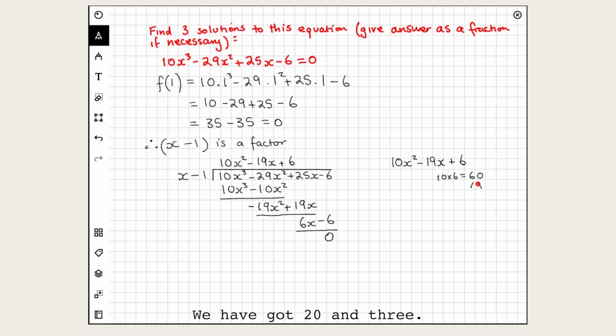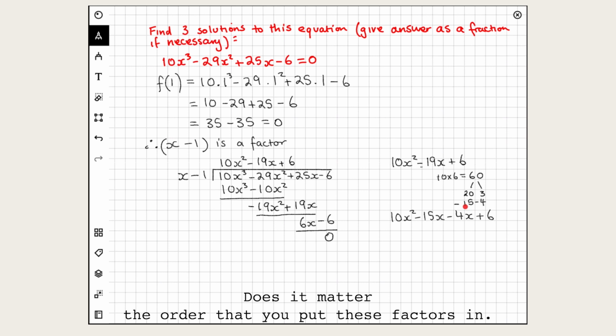We have got 20 and 3. We've got 15 and 4. Yeah, 15 times 4 is 60. Minus 15 minus 4 makes minus 19. So I can rewrite this now as 10x squared minus 15x minus 4x plus 6.